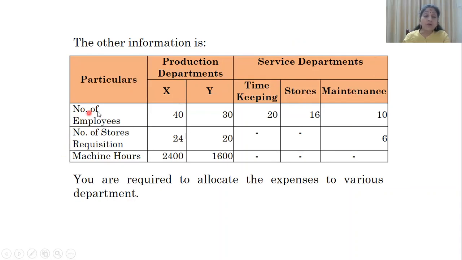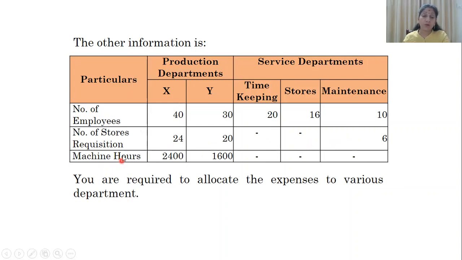The first basis of apportionment is number of employees: X 40, Y 30, timekeeping 20, stores 16, maintenance 10. Next, number of stores requisitions: X 24, Y 20, timekeeping nil, stores nil and maintenance 6.